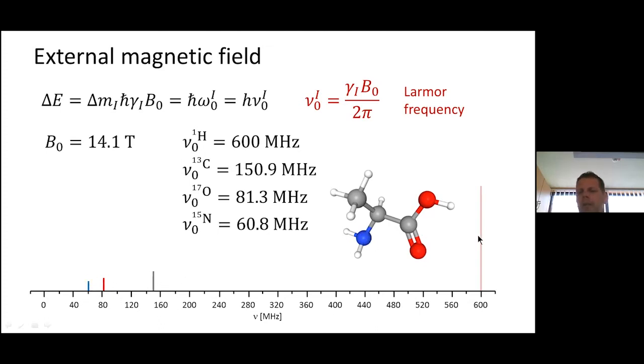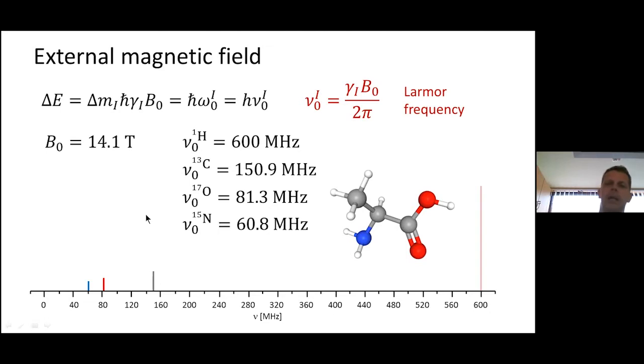The intensities here are not in the proper ratio because, of course, hydrogen 1 is almost 100% abundant in nature, whereas carbon 13 is, for example, 1% abundant, and oxygen 17 is even an order of magnitude less abundant in nature. So usually we detect very, very weak signals for some nuclei.